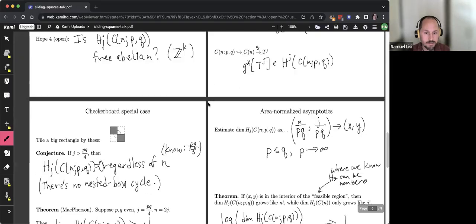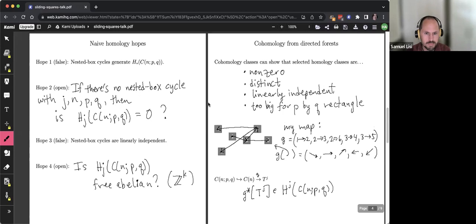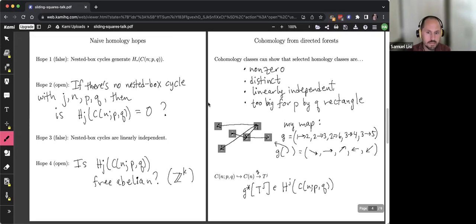Other questions? Could you quickly go back to your cohomology class construction? So here you're including your CNPQ into CN just by forgetting the box.